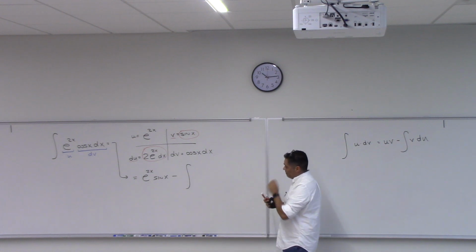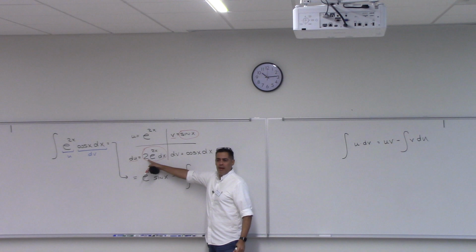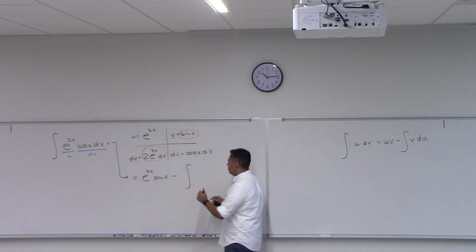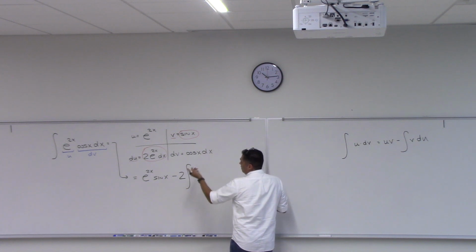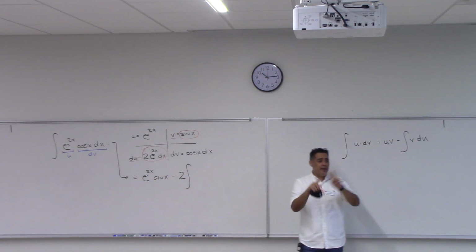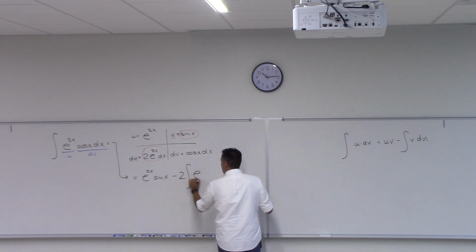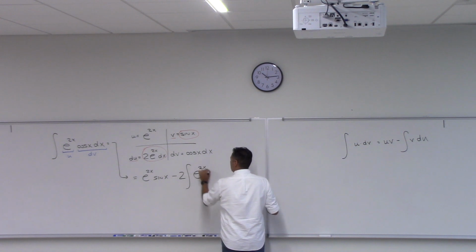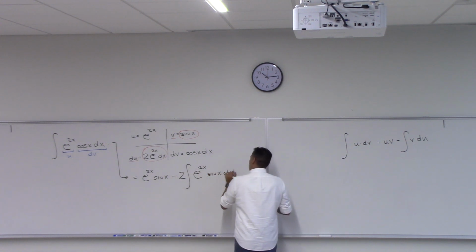When I multiply what's in red together, I do see that I have a 2 here, right? And that 2 can come out of the integral, so I'll put it right here, 2. And then I have the e to the 2x dx times sine, and because they're all being multiplied, I can put those in any order I want. So I'm just going to put them in the order that the original integral appeared. e to the 2x first, then the sine x dx.